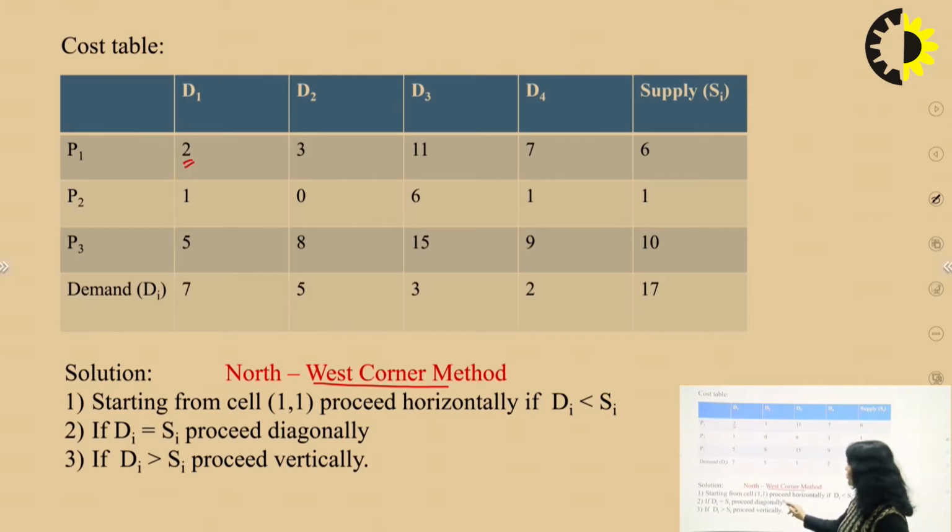If Di is less than Si, we will proceed horizontally. If Si is greater than Di, it means we will move horizontally to the next cell. If Di and Si are equal, then we will move diagonally. And if Di is greater than Si, then we will proceed vertically. These are the steps for selecting the next cell.